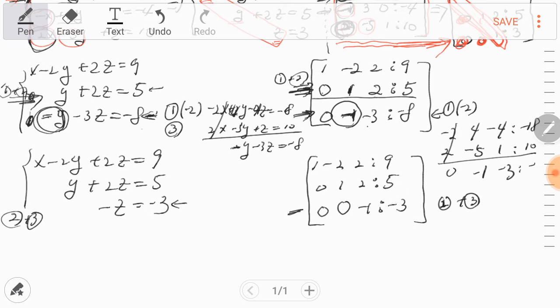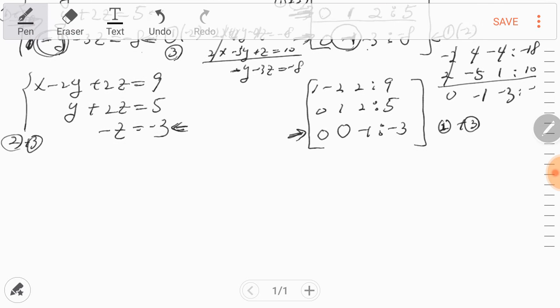So look at this third row. The third row is the coefficients of the third equation. So we are doing okay. And then finally, let's make the third equation start with z, not negative z.